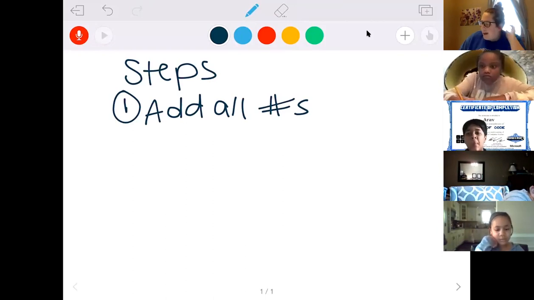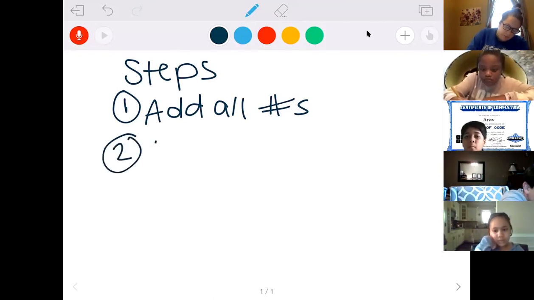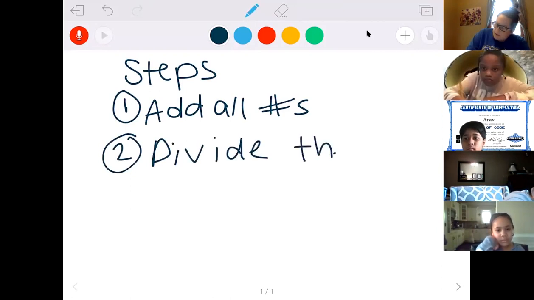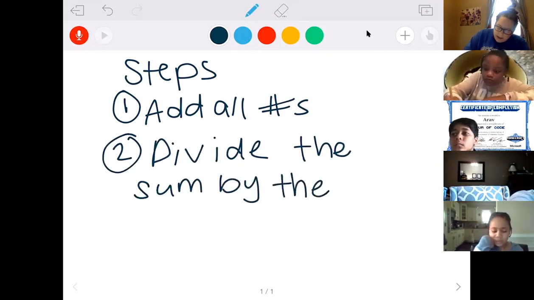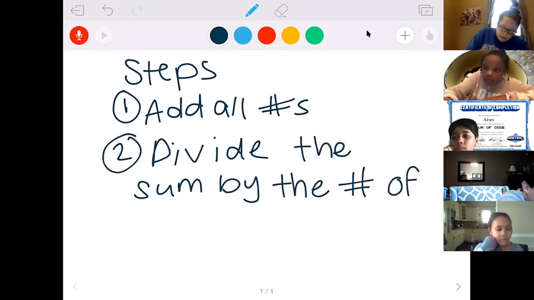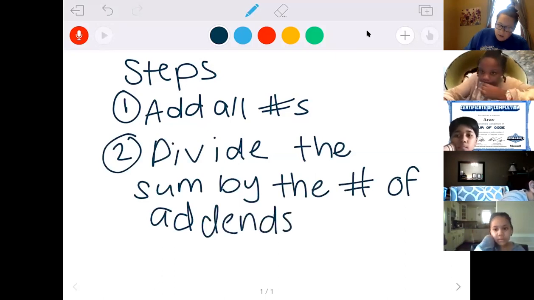And then you divide, that's step two. Divide the sum by the number of addends. So what that means is once you add up all your numbers, you get your sum.